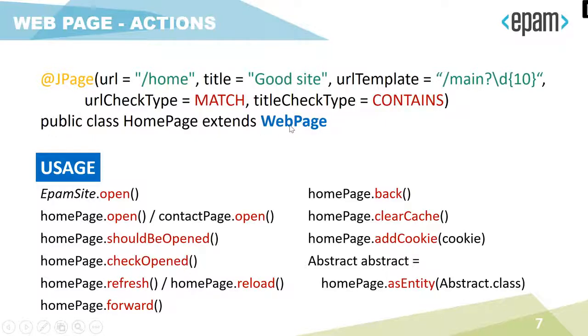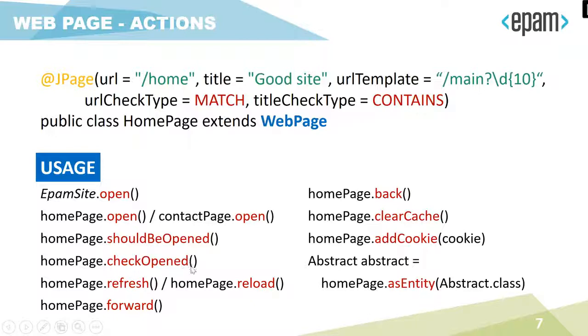And what will we have when we extend our page object from the page? With no effort, we already get all the stuff related to operating with this page. We can open this page, for example, home or contact page. We can validate whether it is opened or not, and if it is not opened, we can open it.